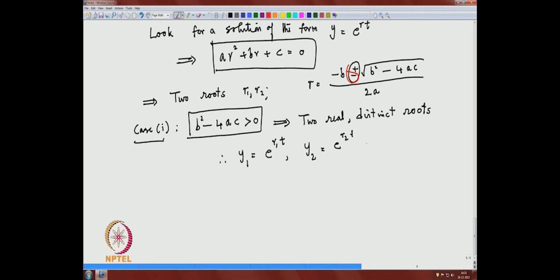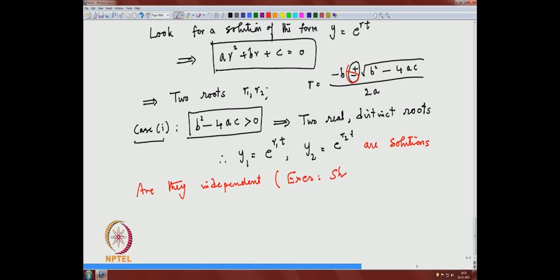So, you have two solutions. Are they independent? Simple exercise for you. How do you show it?